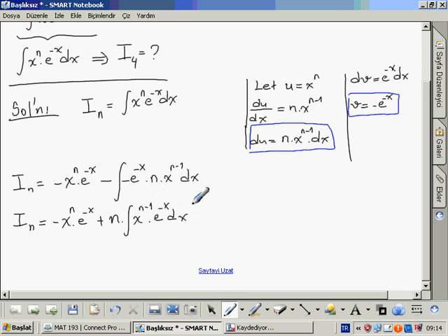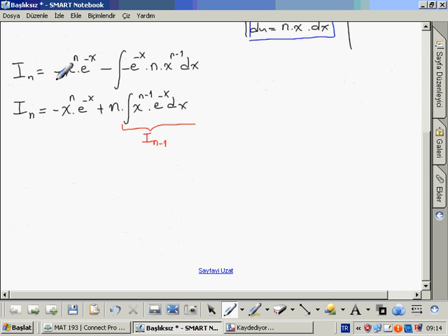And what can you say about this integral part? You can say this can be written as I sub n minus 1. So reorganizing, I sub n equals minus x to the n e to the minus x plus n times I sub n minus 1.